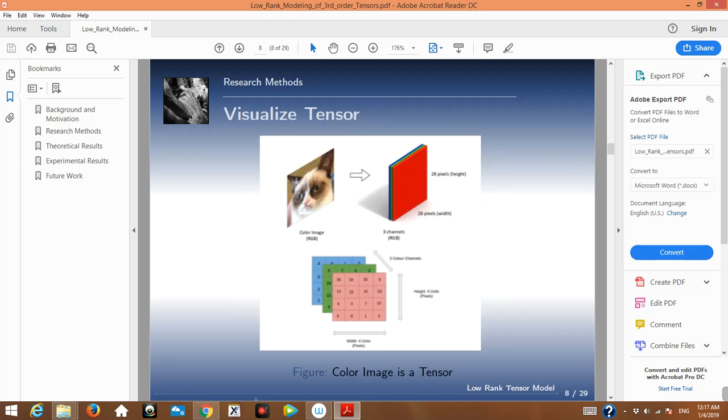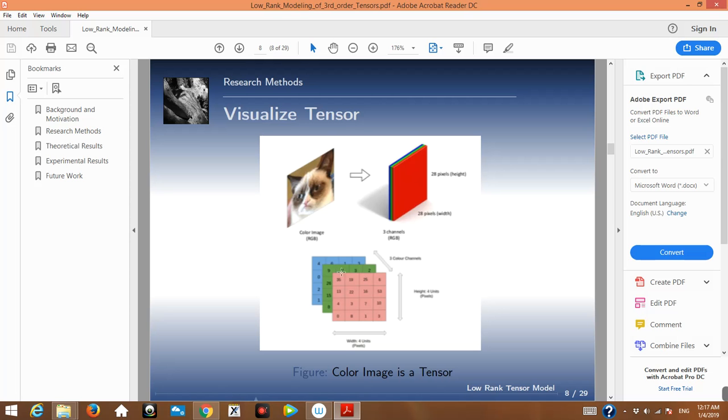For example, if we consider this color image, we can store this color image as a matrix, but this will make us lose some very useful information, because the color has 3 RGB channels.